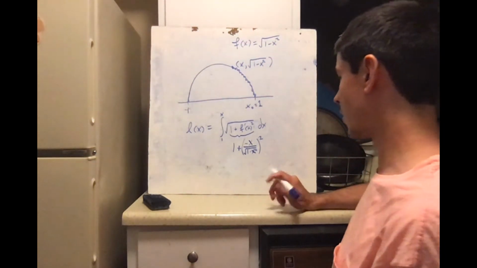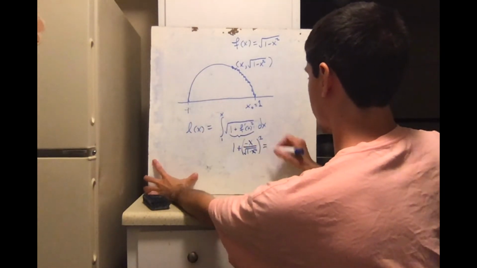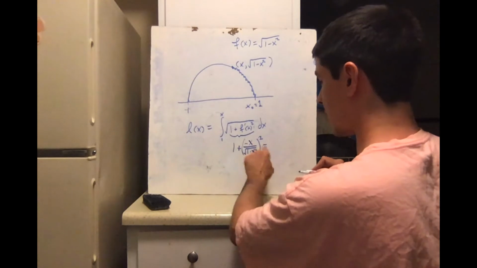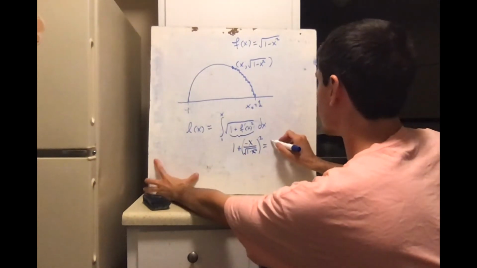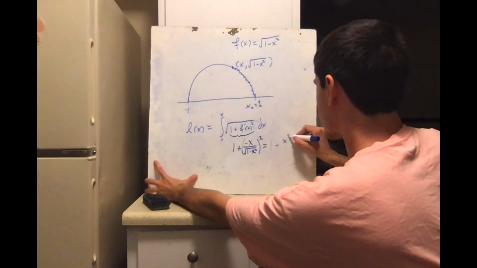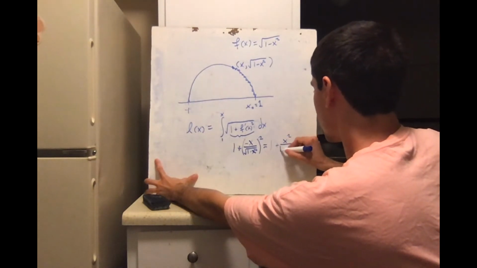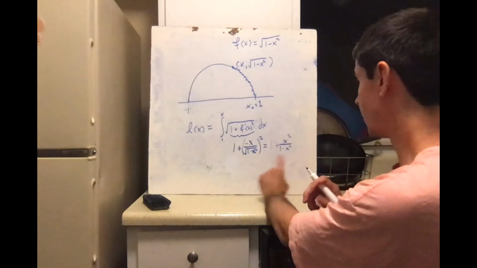And so we square this term, and we're going to want to get everything over a common denominator, but I'll start by just squaring the term. So here we get x squared over 1 minus x squared, and then we want to get everything over the common denominator of 1 minus x squared.